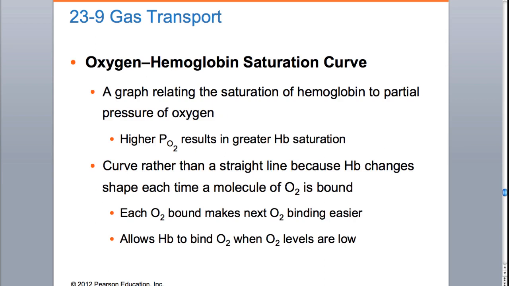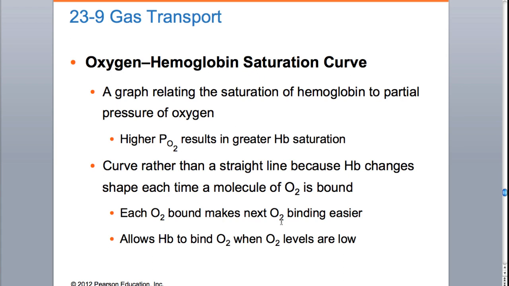Okay, next line. Okay, now this slide is very, very important. The part that's important is especially these 2 down here. Each oxygen bound makes the next oxygen bind easier. So if you have more oxygen on your hemoglobin, the more oxygen can bind.